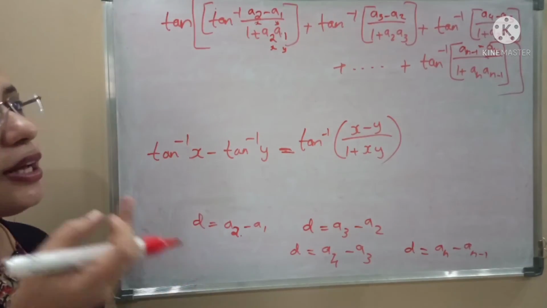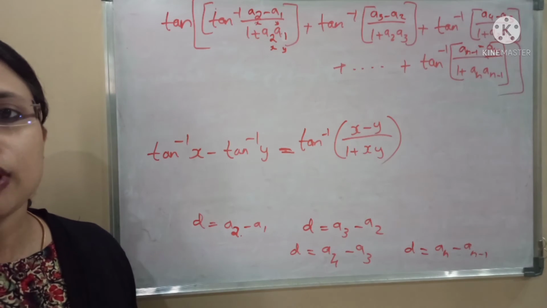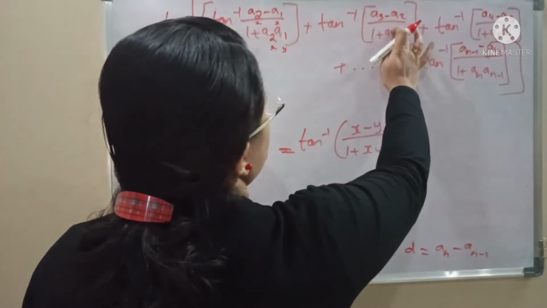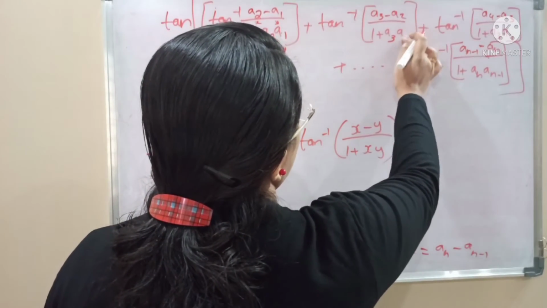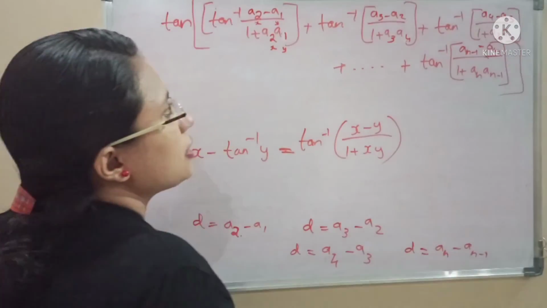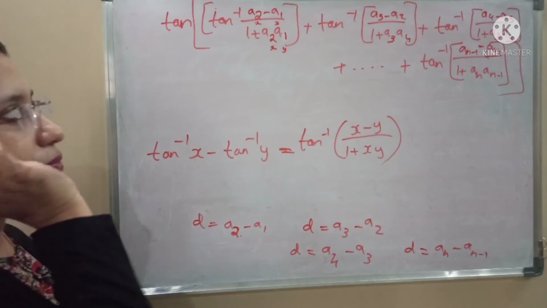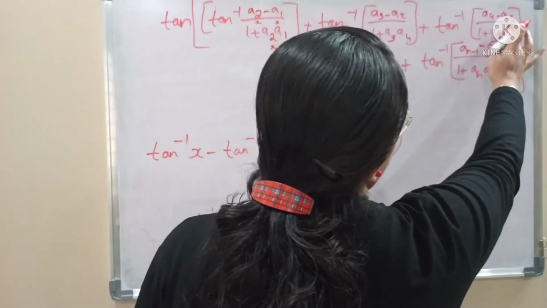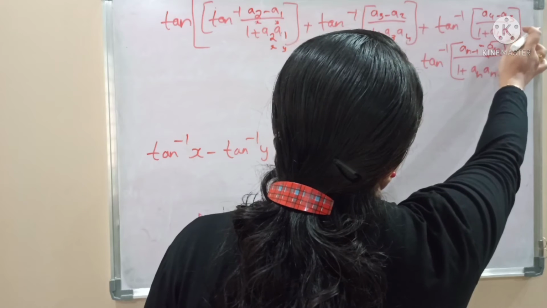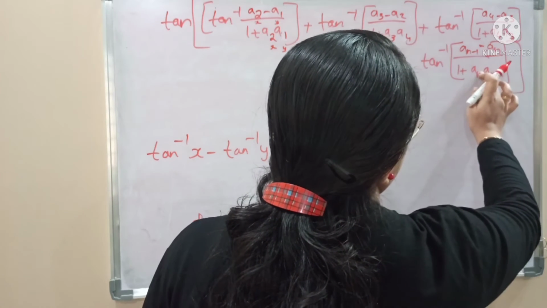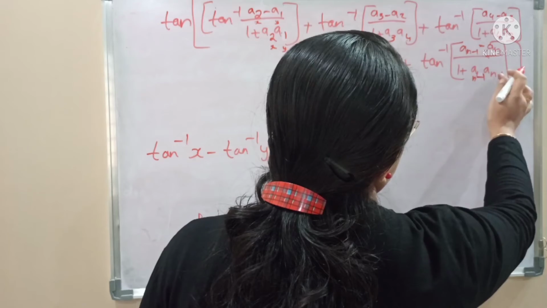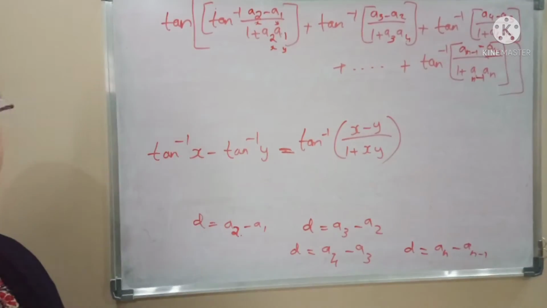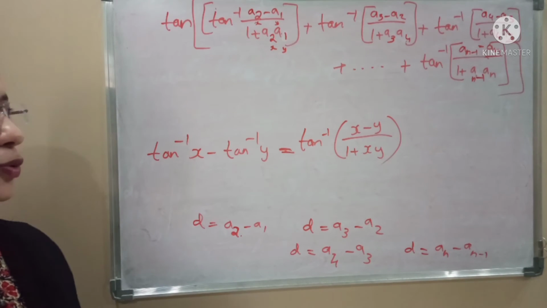So when we multiply 1 and 2 or 2 and 1, both will give the same answer. Similarly, just rearrange 3, 4. It's just to get the x value as the first term. Okay, clear? I hope it is clear for you.